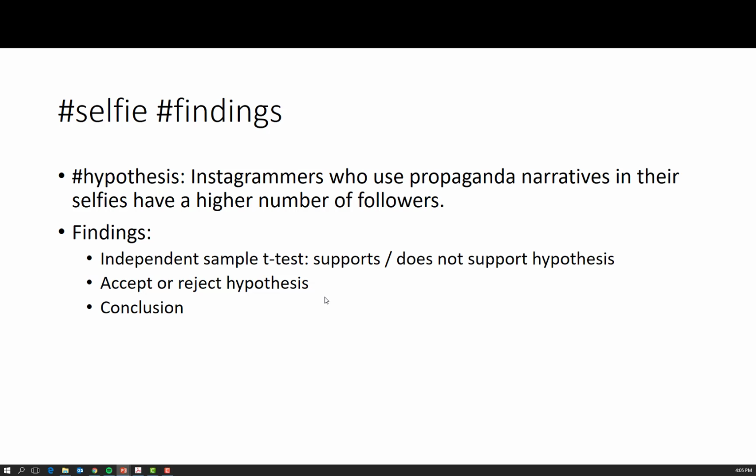So if the t-test supports my hypothesis that propaganda narrative users in Instagram have statistically higher numbers of followers than other types of selfies, I would then accept my hypothesis and say that propaganda narratives are more effective at gaining more followers in Instagram.